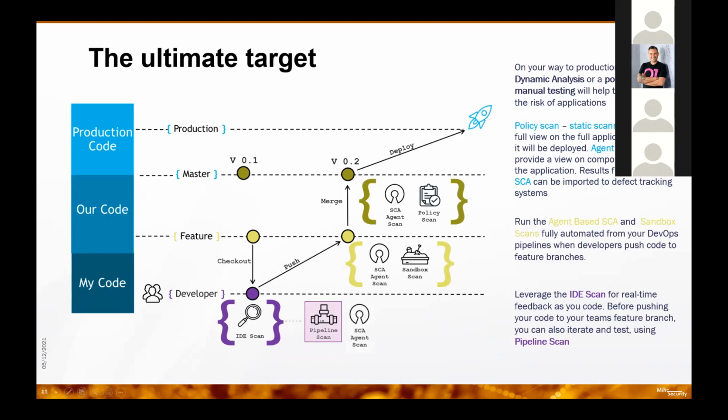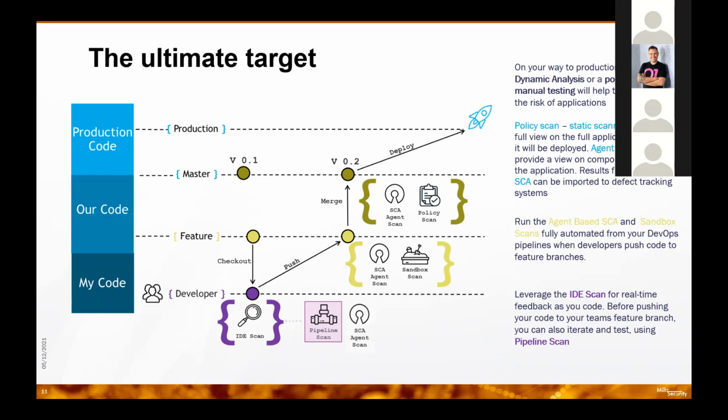That shield can be used as break build information in your pipeline. If you think about the policy scan only reflecting your master branch, if that comes back with the red shield, you're not allowed to deploy the application or ship the application, because there are still flaws open that security wants you to fix. These policies are usually not created by the developers, because as a developer, you don't care about security requirements, but you want to know what security wants you to fix.